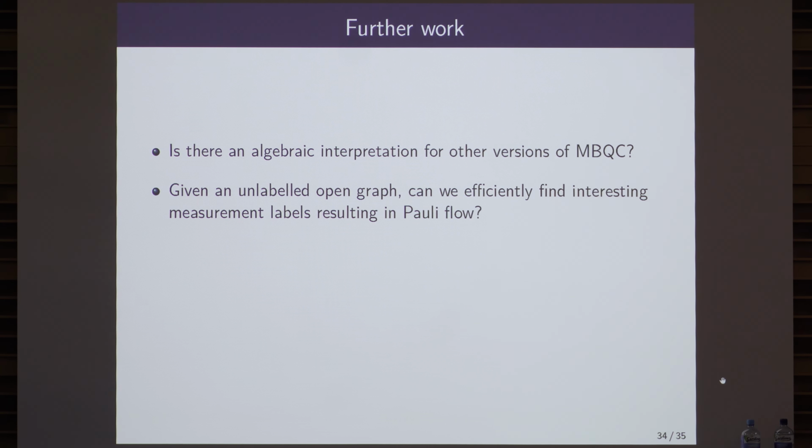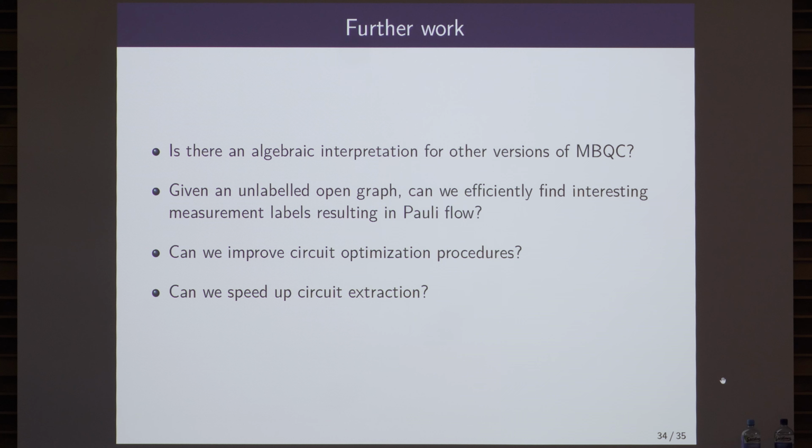Also, I showed you that we can look for poly X and Z measurement labeling that results in polyflow, but maybe we can extend this to look for more interesting computation to fully answer what type of deterministic computation one can perform on a given open graph. And finally, two most important questions are, can we improve circuit optimization procedures, so that, for example, T-count reduction, and can we speed up circuit extraction?